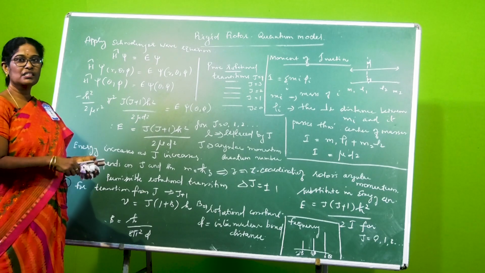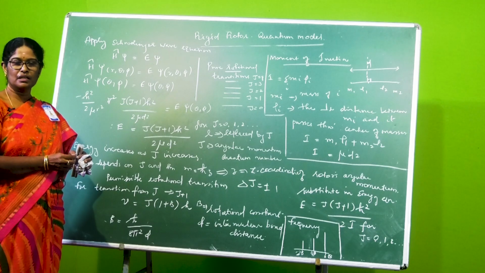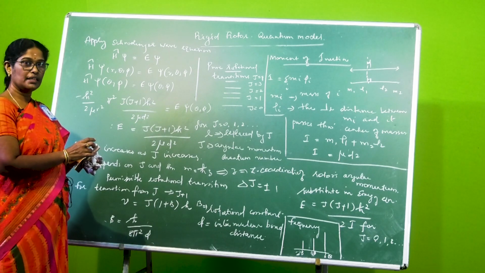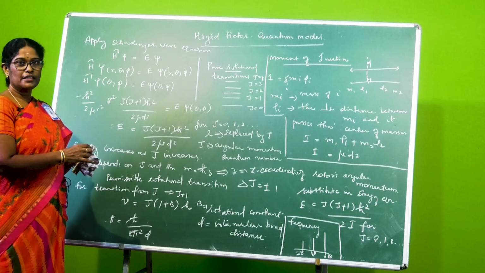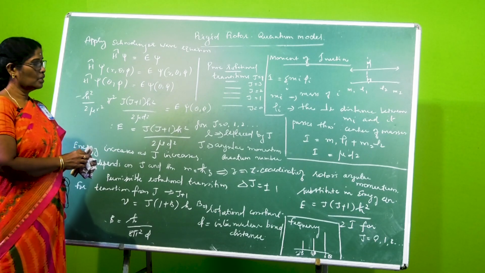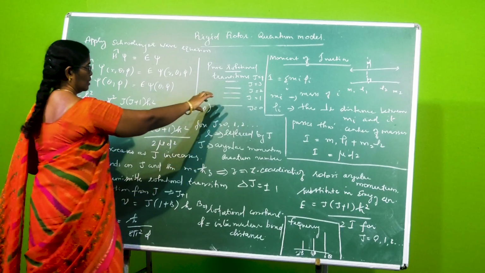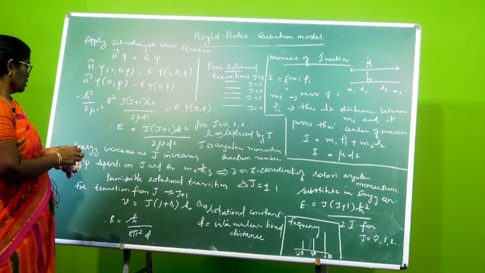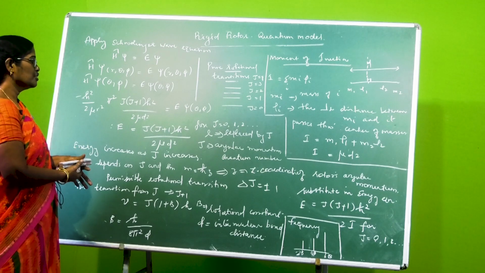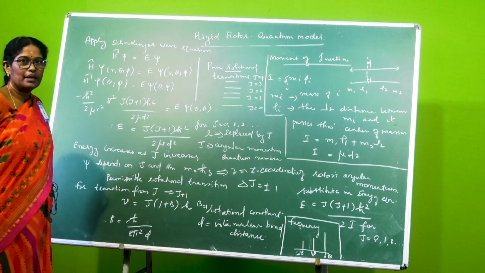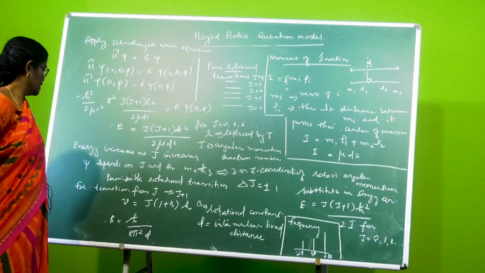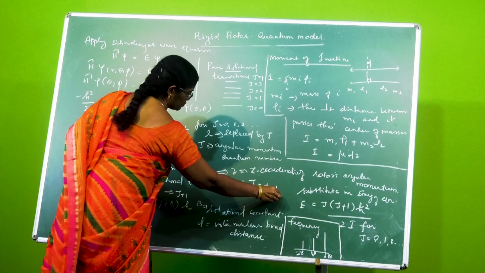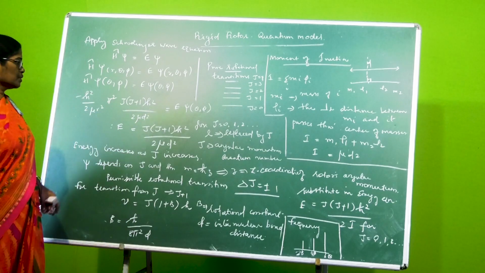Rotational transition is always associated with a vibrational transition also, but we take into account only the pure rotational transition, and also understand that the spacings between the rotational transitions are much closer compared to those of the vibrational transition that is associated with this. So the selection rule is delta J equal to plus or minus 1.